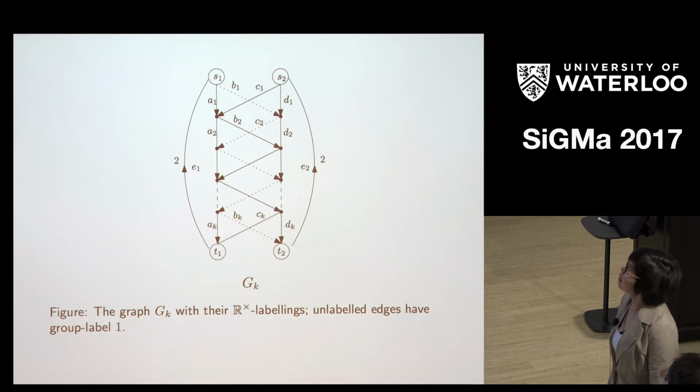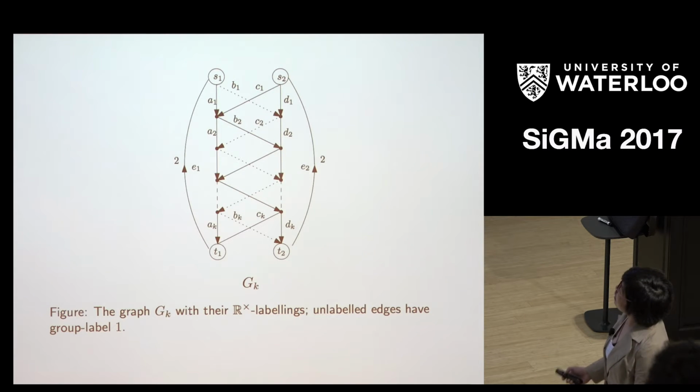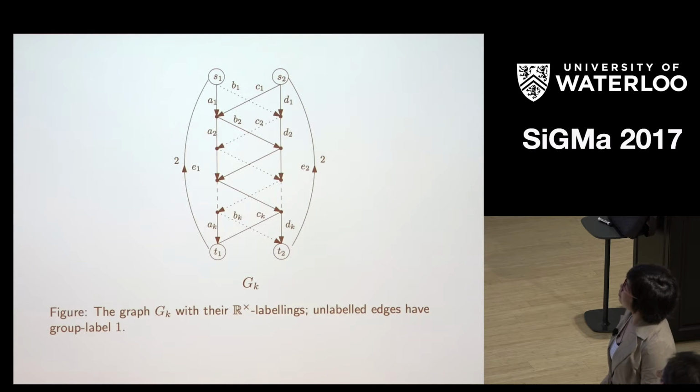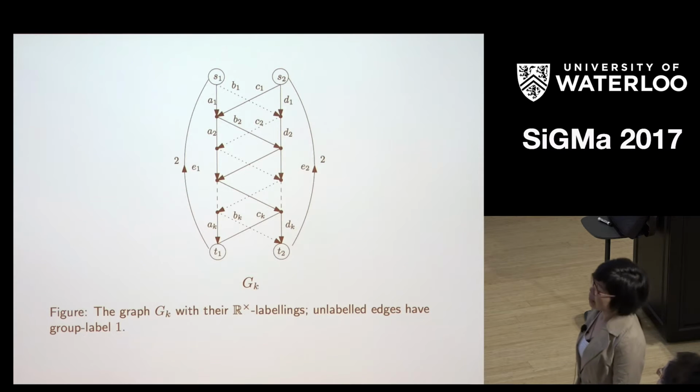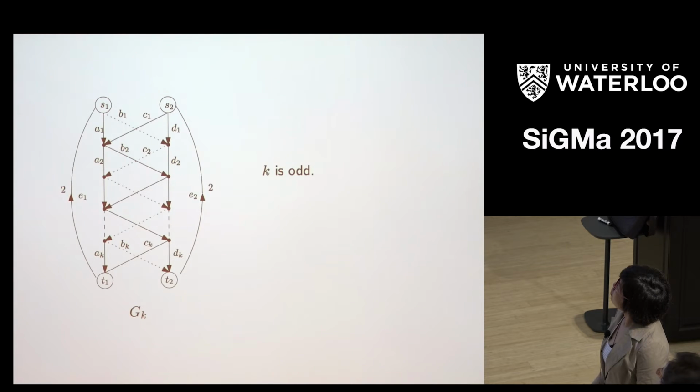Our graph is G_K, a directed labeled graph, and the labels come from R star, the non-zero real numbers. Except for E1 and E2, all edges are labeled by 1. And K is odd.